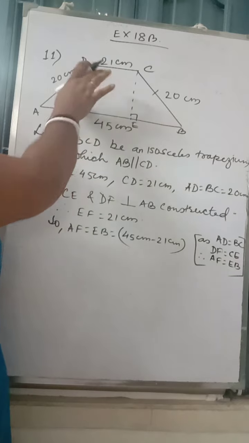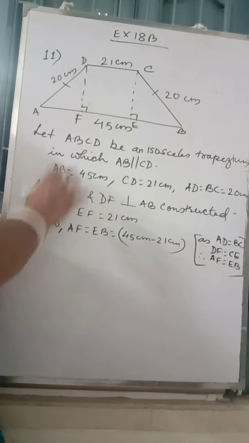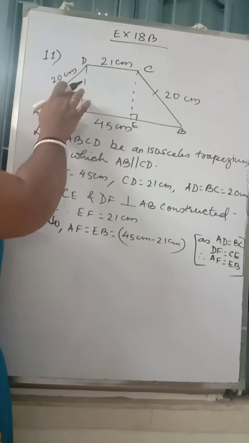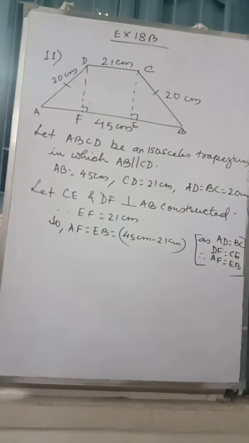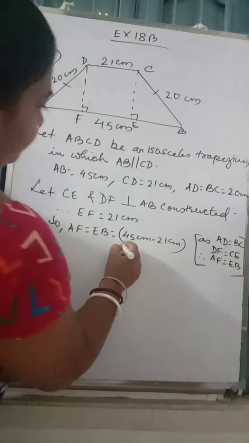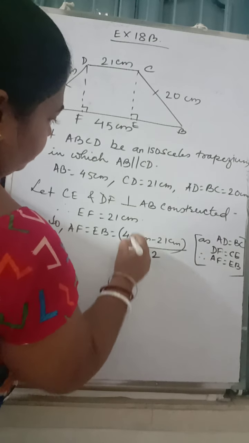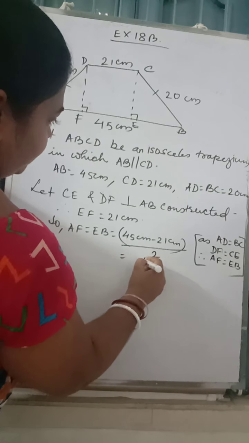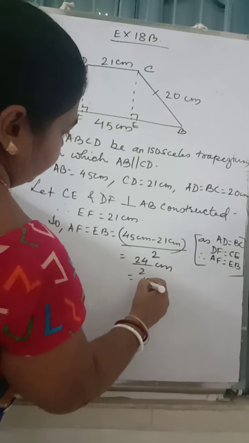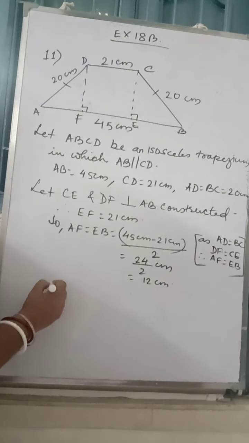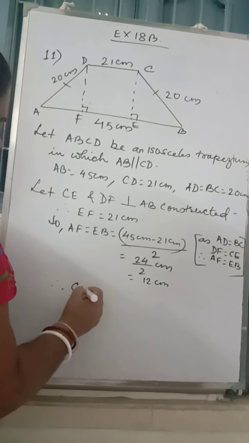These two triangles are congruent triangles, and if two sides are equal, the third side of the triangle is equal, we know. So this gives you 45 minus 21, 24 by 2 centimeter, or 12 centimeter.